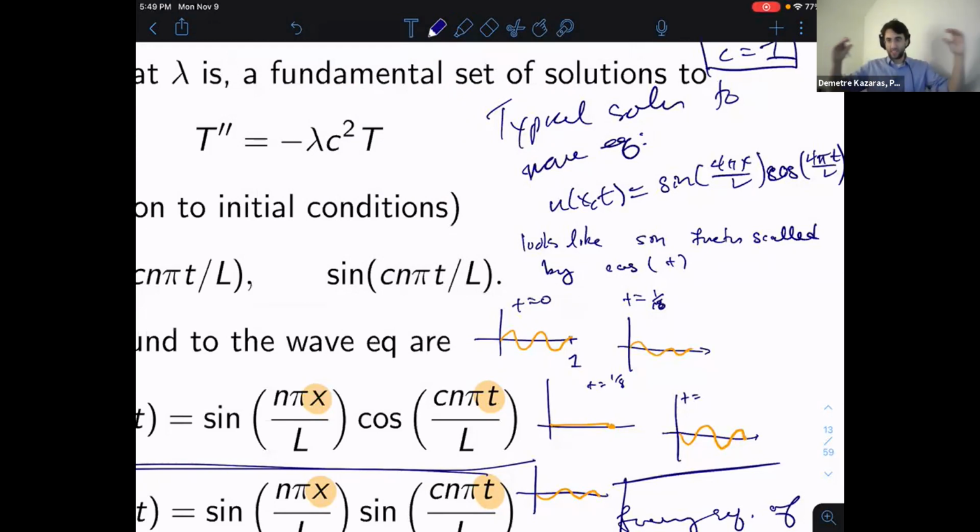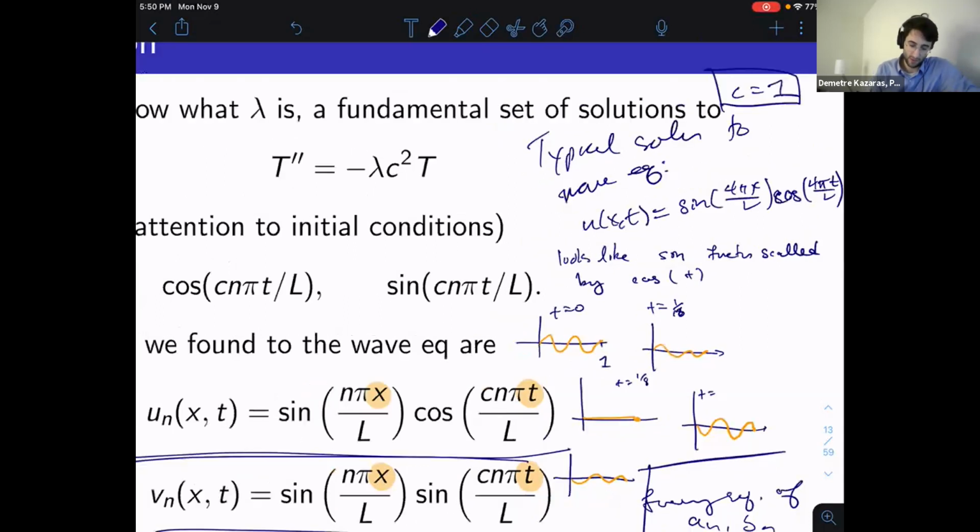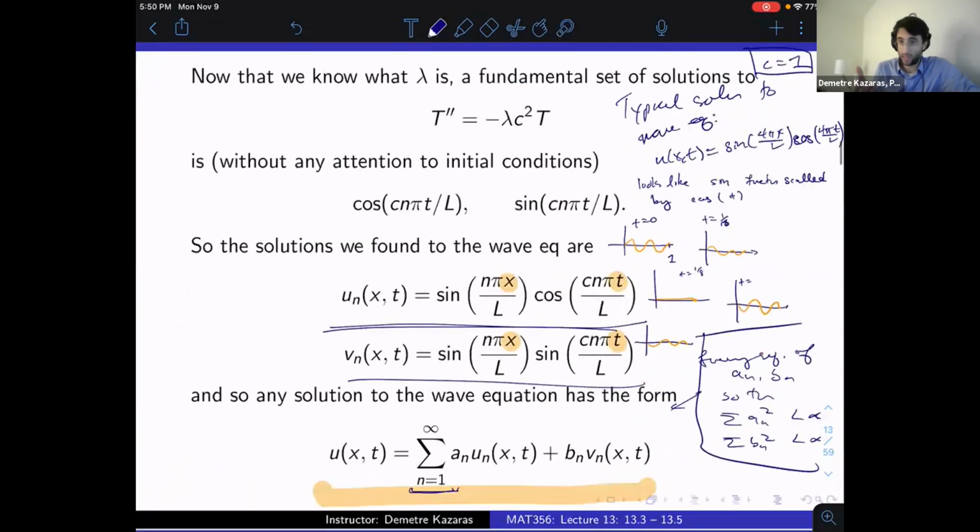You imagine the violin string is much more evenly distributed, but the function whose value represents the displacement of the violin string is made up of a bunch of sums of these basic building block functions, like we've just explained here.